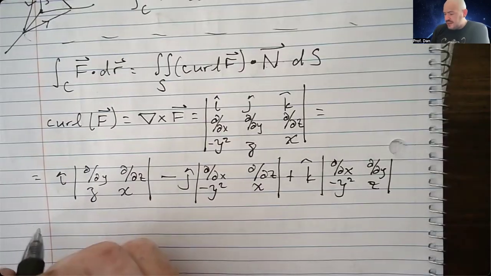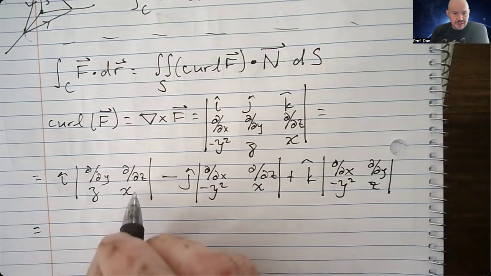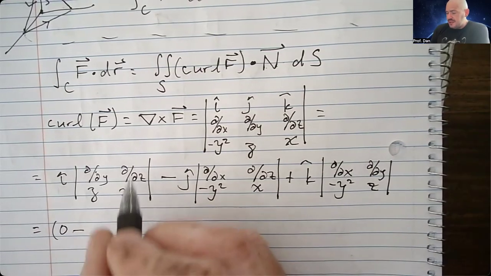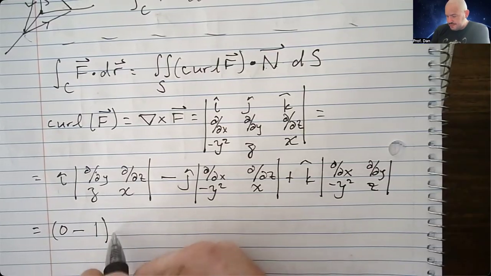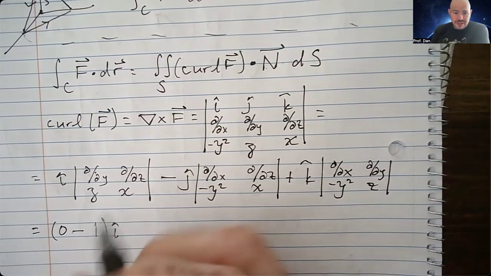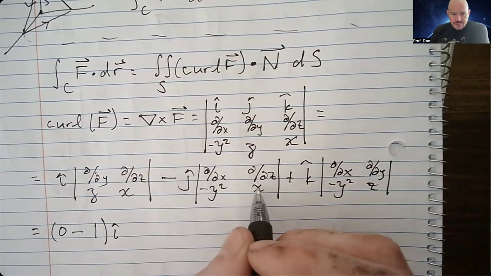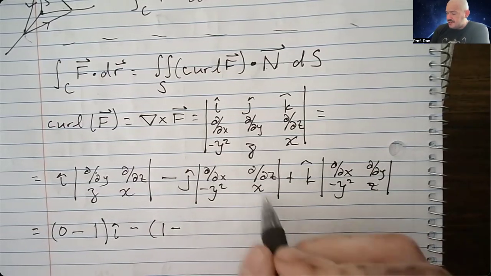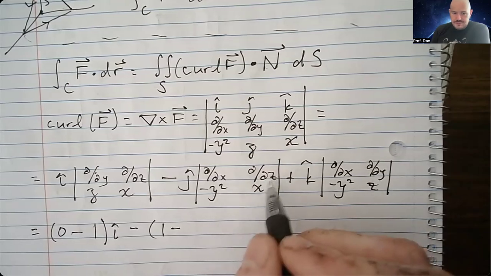Now if I compute these determinants, we have d/dy of x, which is 0, minus the derivative of z with respect to z, which is 1. So my i component will be negative 1. For j, the derivative of x with respect to x is 1, so minus 1, and subtract from that the derivative of negative y squared with respect to z, which is 0.